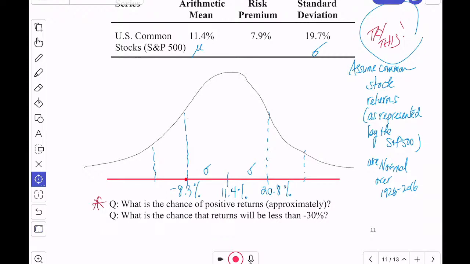The negative, positive returns start around here somewhere, like over here. So we'd have to really approximate. You could figure this out using the standard normal table, but I don't need to be precise. I just want to get a rough idea. So positive would be all of this plus, maybe 0 would be here.